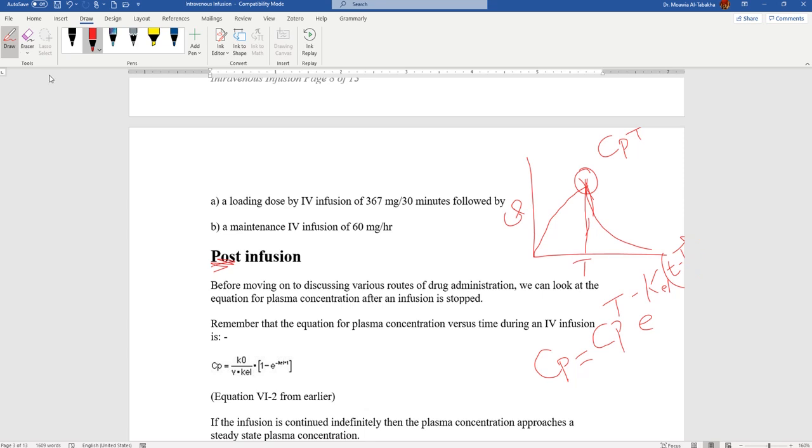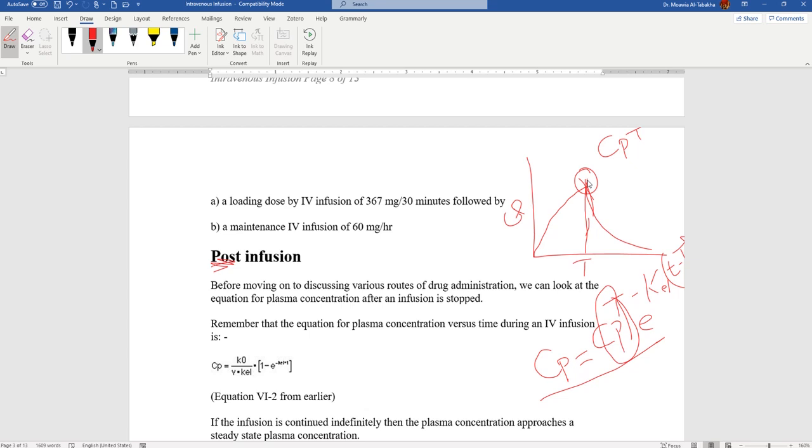So if I stop at any time and I know the concentration at the time I stop, then I can calculate the concentration at any time after that using this equation. The problem is, how do I calculate CPT capital? CPT capital is the last point when I stopped the infusion.